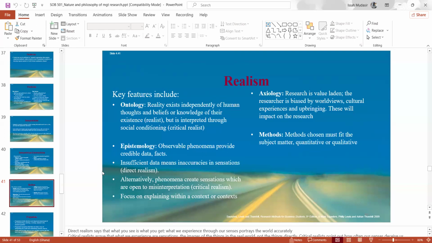Okay, so there may be inaccuracies in terms of the data and all that. Then we have the critical realists who will say that in the end, what we see may just be mere sensations.